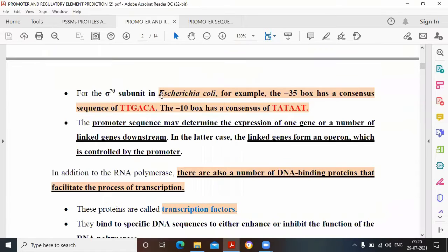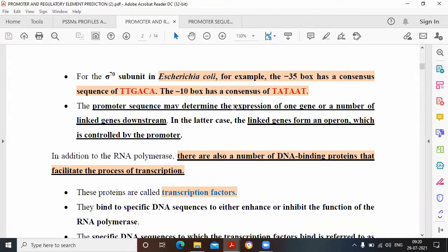Now, as I mentioned, sigma finds this sequence, and once it binds, all other factors come close and form the functional RNA polymerase, which continues the transcriptional process. Apart from RNA polymerase, its subunits and the promoter site, various other proteins are required.